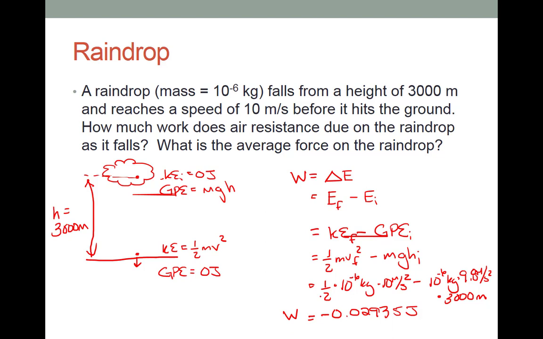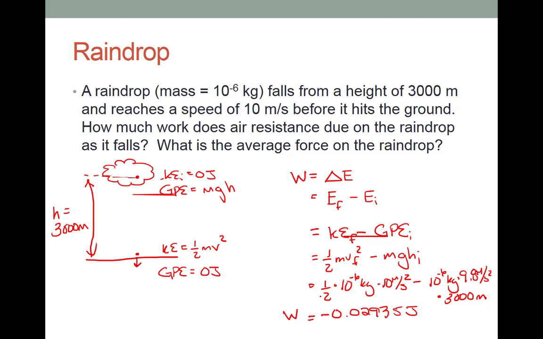So there is roughly negative 0.03 joules of energy removed from this raindrop as it falls, and the force that is removing the energy is air resistance. So that answers the first part of this question.